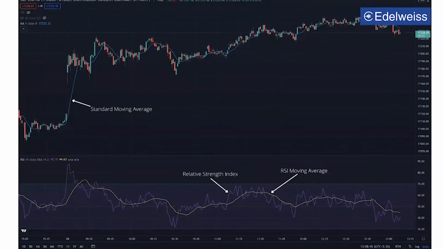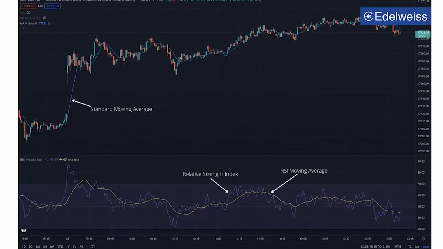For example, this is what RSI looks like. Here we use the software called TradingView to understand what RSI looks like. On the above side is the Nifty's candlestick chart, where the blue line is the simple moving average of the security, while below there is the RSI, which is the purple line.